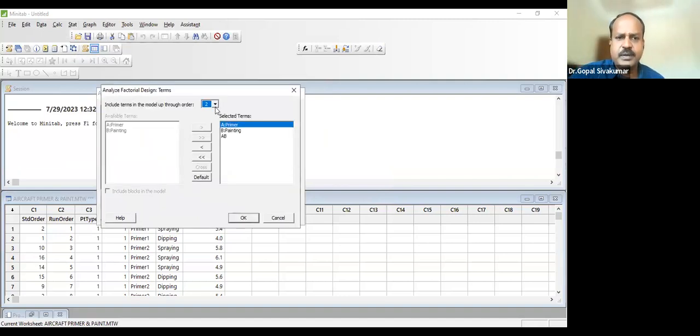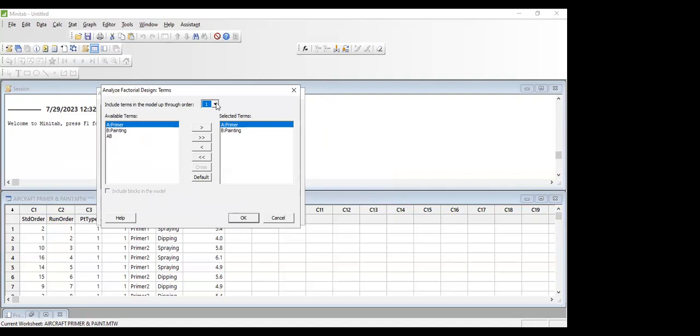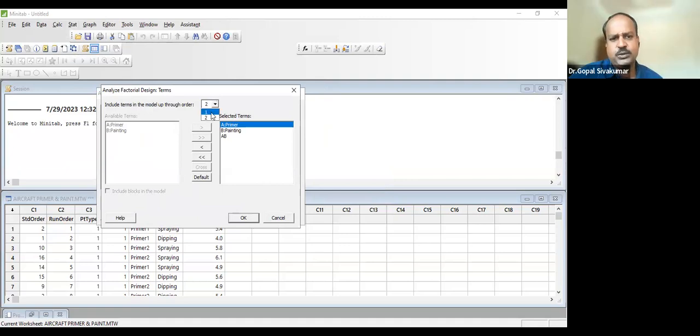See here, you can go with first order terms, or you can go with second order terms. When I choose 1, that means I want to talk only about main effect. When I choose 2, in addition to the main effect, I am also including interaction effect.